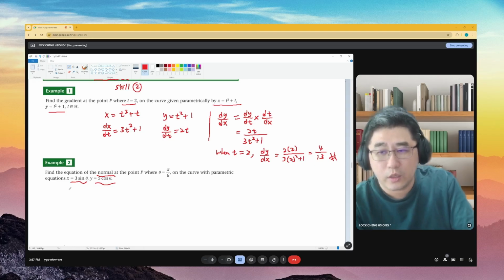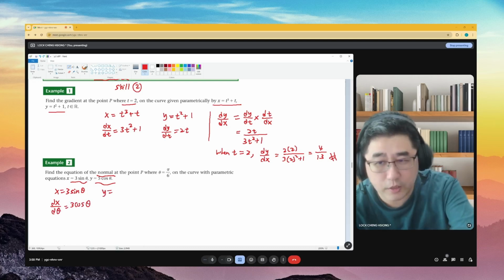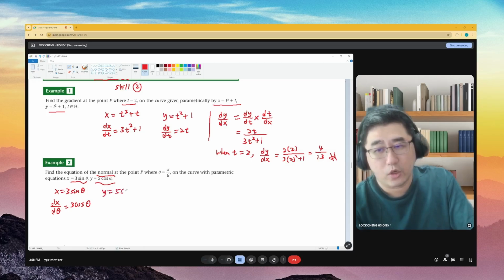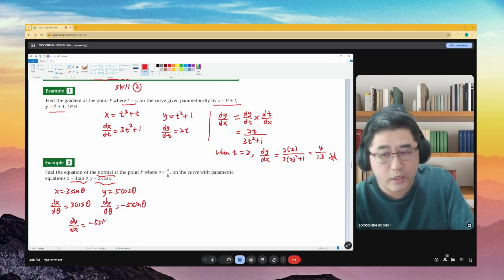So I have x equals 3 sine theta, so dx d theta equals 3 cos theta. y equals 5 cos theta, so dy d theta equals negative 5 sine theta. Then I have dy dx equals negative 5 sine theta over 3 cos theta.